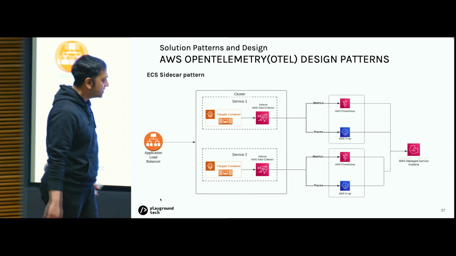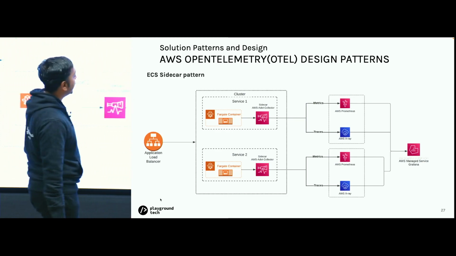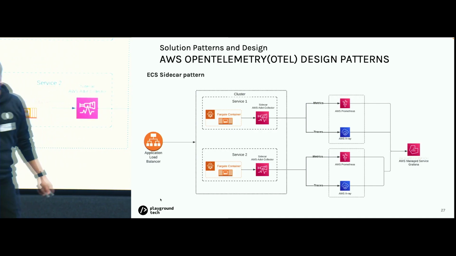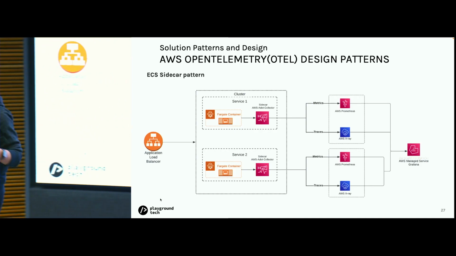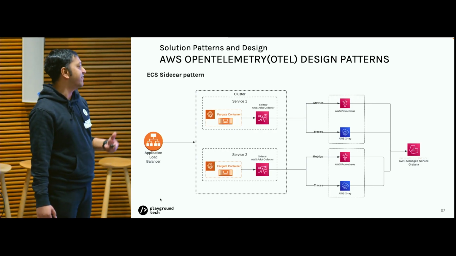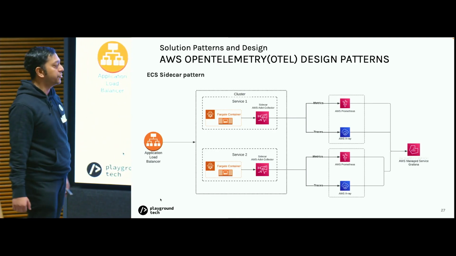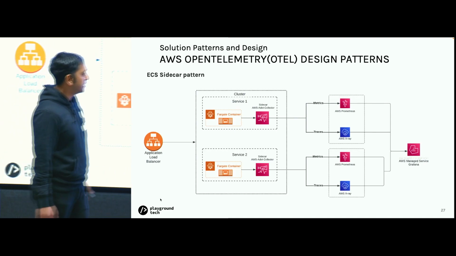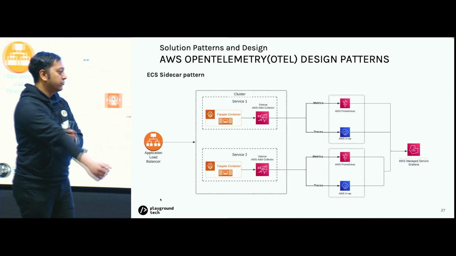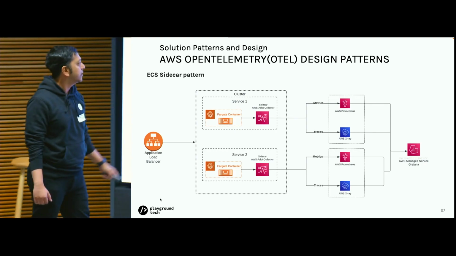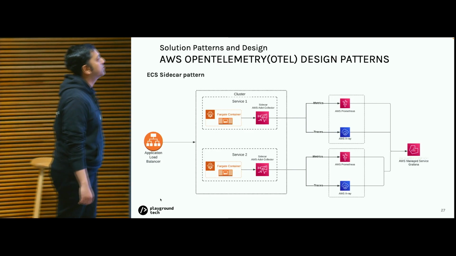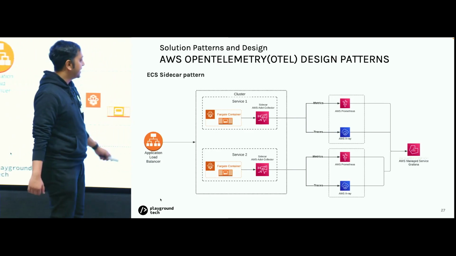AWS has its own collector agent, which keeps getting improved and upgraded. For example, my application is right now using version 18, but I saw that it went up to 20 or 21. So AWS has its own out-of-the-box sidecar that you can push.